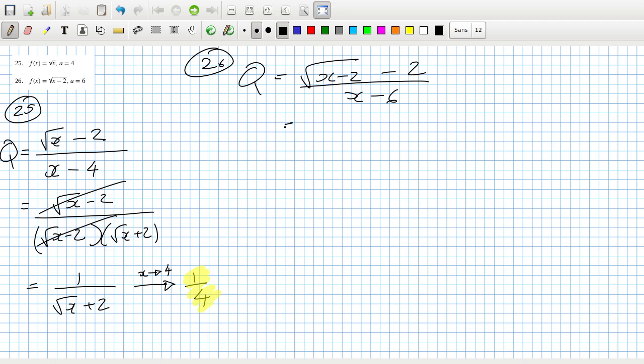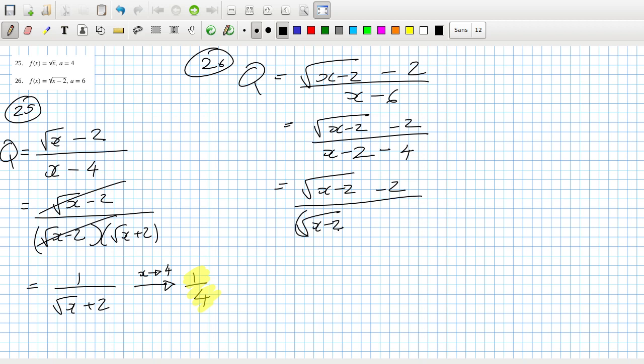I could change this into root x minus 2 over x minus 2 minus 4. So that would be root x minus 2 over root x minus 2 times root x minus 2 plus 2.